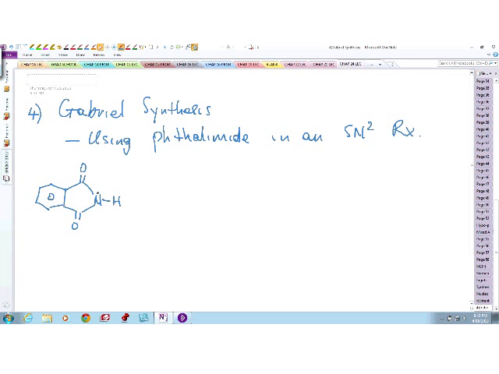Because this nitrogen here is attached to 2 carbonyls, this hydrogen is going to be very, very acidic. So we could use a hydroxide, potassium hydroxide, for example, to deprotonate this hydrogen here. And when we do that, you have this here.